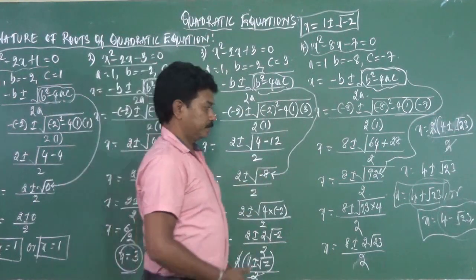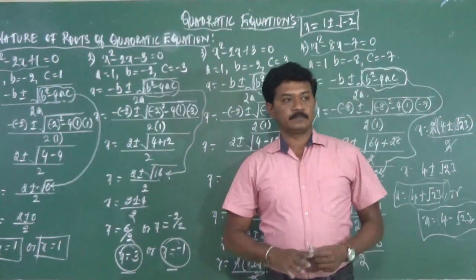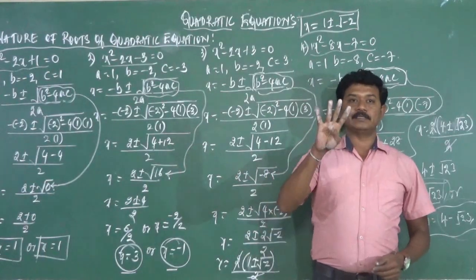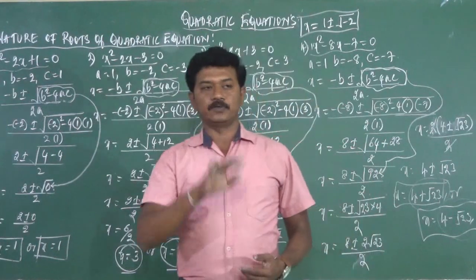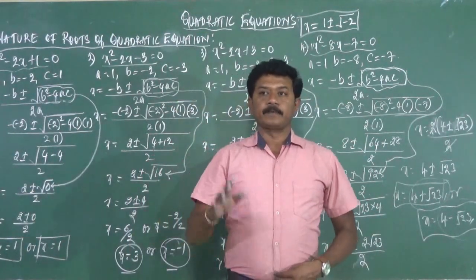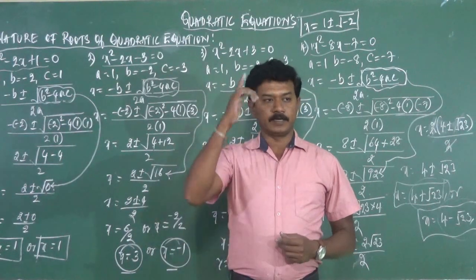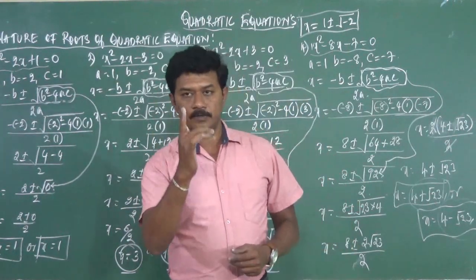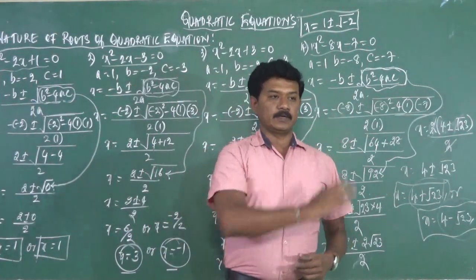So from this we can come to 2 very important conclusions or 4 important conclusions. Anything you can take. First I will tell you 4 conclusions. If b square minus 4ac is equal to 0, keep it in your mind, then the roots are real and equal.